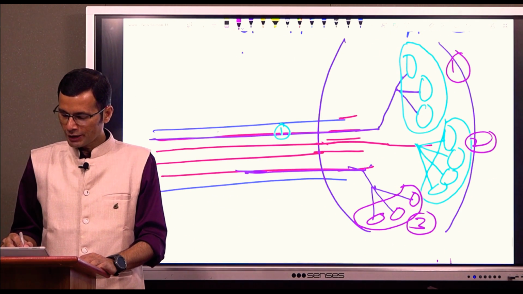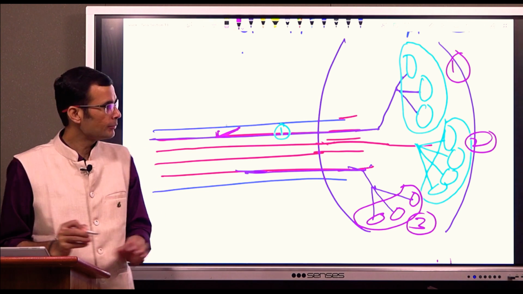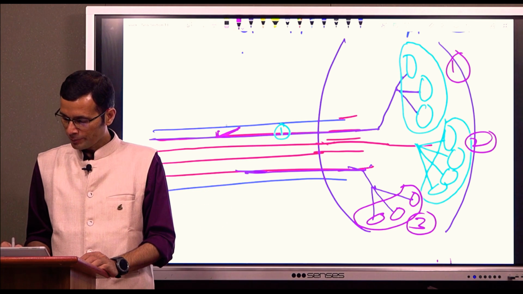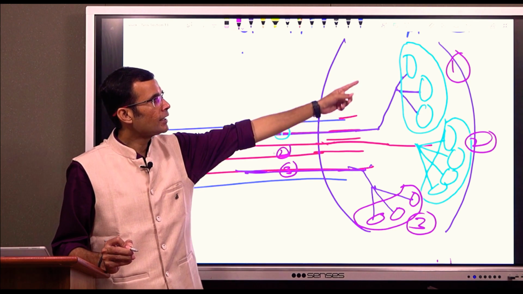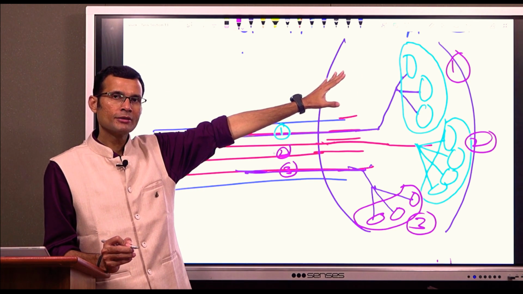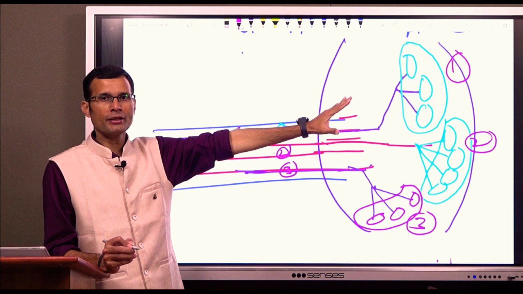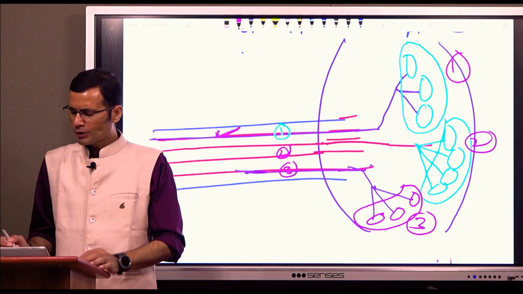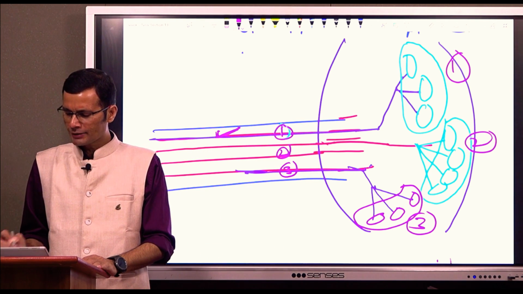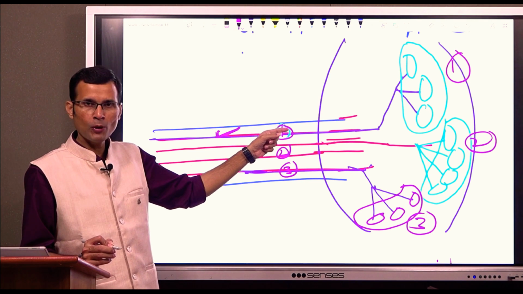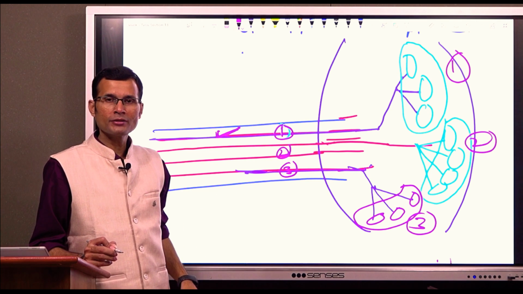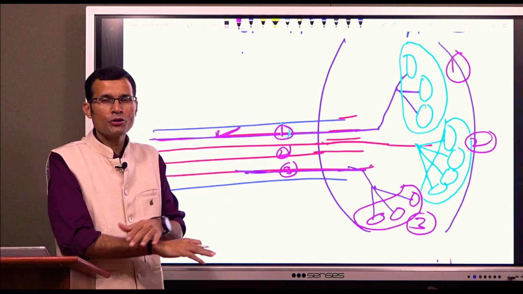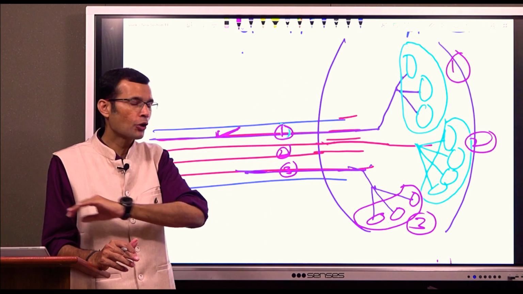If this nerve fiber has been stimulated, fiber number 1, then it will send impulse to all those 3 fibers and all the fibers will be contracting. And if your stimulus was not good enough to excite this nerve fiber number 1, then no impulses to those 3 fibers. Those 3 fibers will not contract at all. That motor unit will not contract at all.